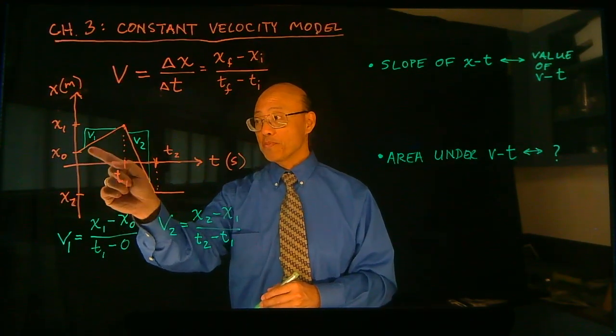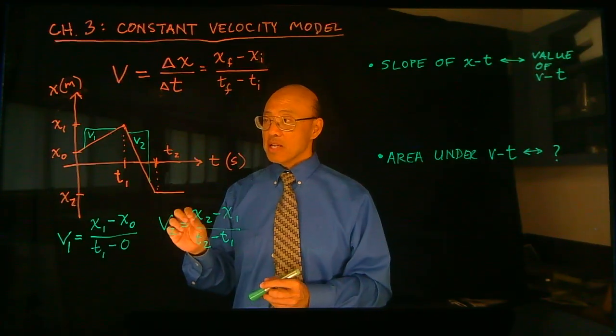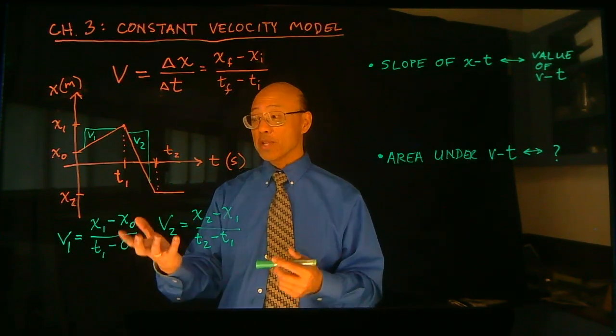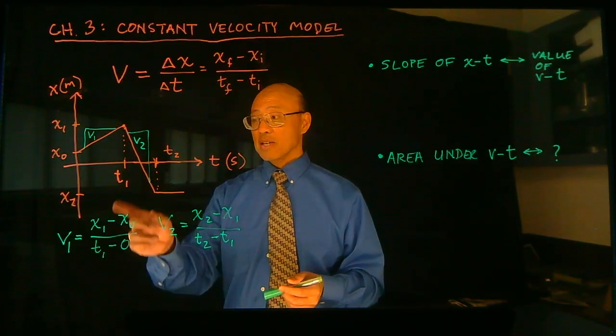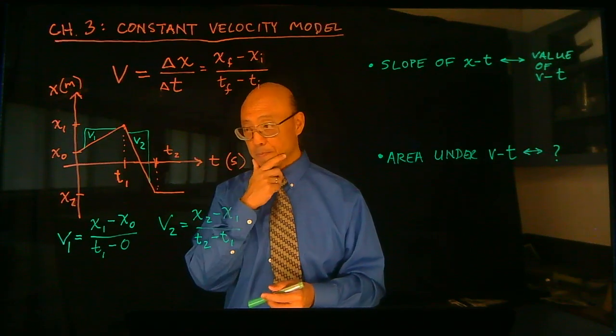So there's a slope, v1, from there to there. It's constant velocity because the only thing it could tell us is the slope of that line from x0 to x1. Okay?